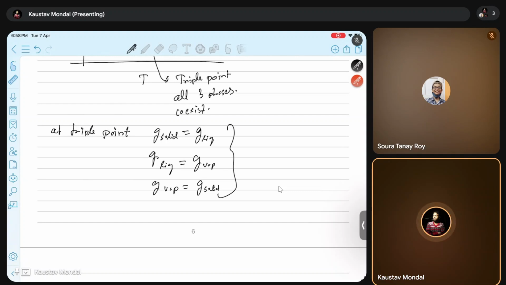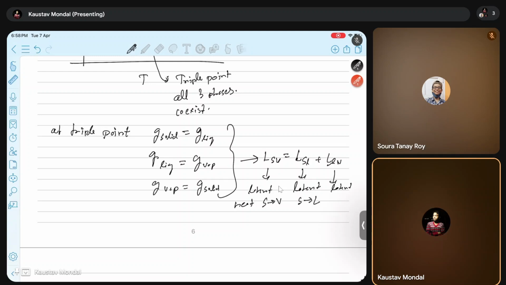From these three relations, you can write this formula. Okay, so L_SV is equal to L_SL plus L_LV. L_SV means latent heat to change the system from solid to vapor. Similarly, here, latent heat for solid to liquid, and this is latent heat from liquid to vapor.